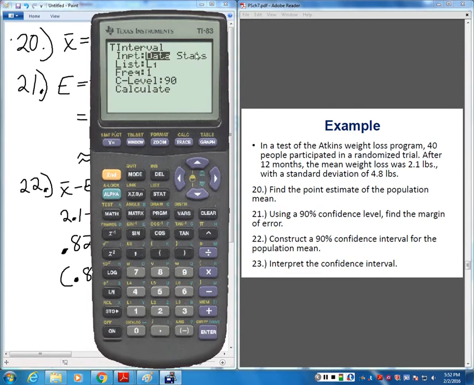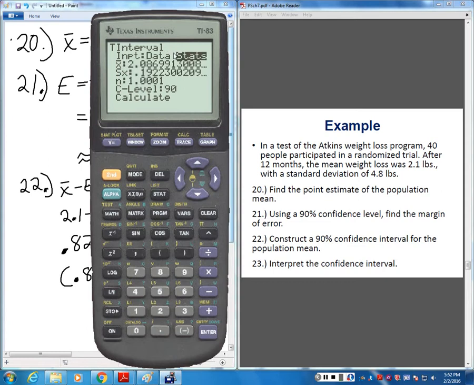If I had been given these 40 weight loss numbers in a list, I would use data. I would put those in my list, list 1 probably, and I would keep the frequency at 1 and then I would put in my C level, that's confidence level, and press calculate.